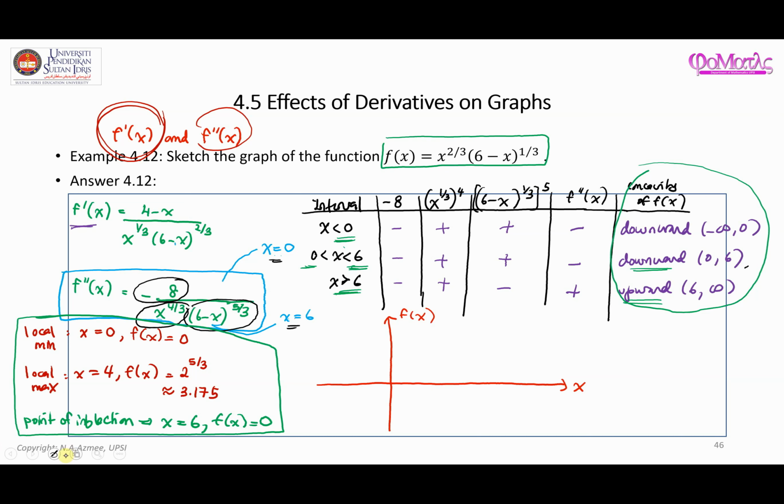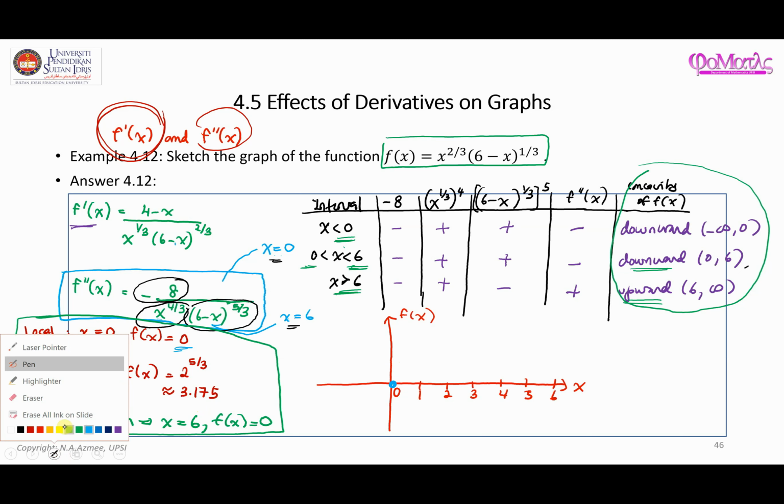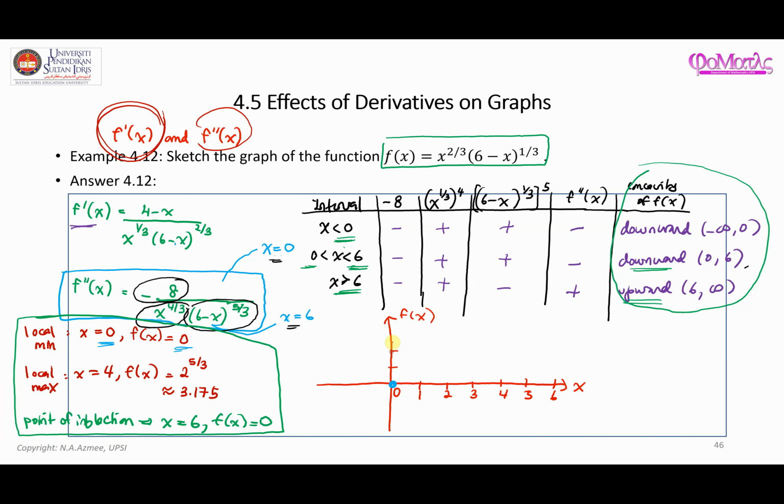Okay, let's go back to this graph here. So this is 0, maybe 1, 2, 3, 4, 5, 6, something like that. Now we are going to start by plotting the important points. When x is 0, f(x) is 0, so this is one point. When x is 4, f(x) is about 3.1, so maybe somewhere here.